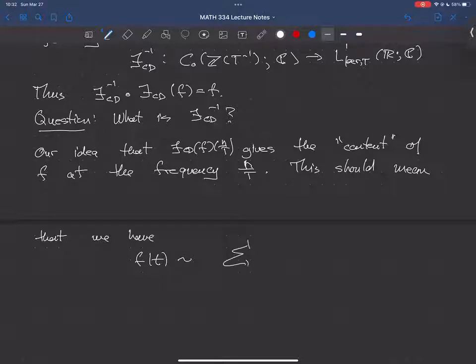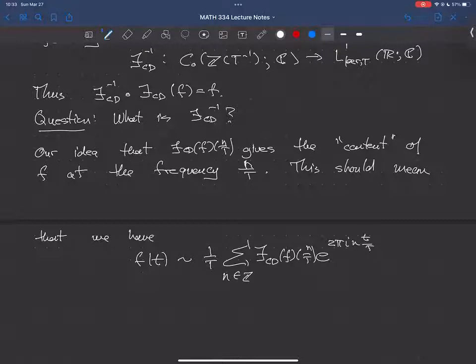We're going to sum over all these frequencies, and then there's the harmonic at that frequency, which is e to the 2 pi i n t over t. And then the coefficient that goes here, well, that's kind of the definition, heuristically, of the CDFT: it tells you what that coefficient is. And there was a scaling factor that showed up. But the point is that this should be FCD of f at n over t, and then the scaling factor comes out front here.